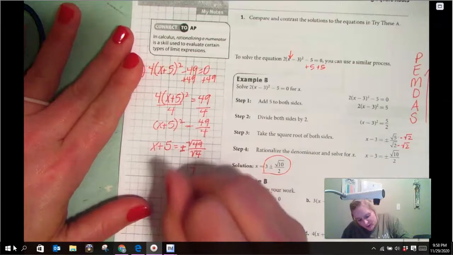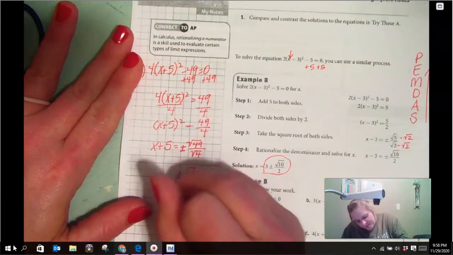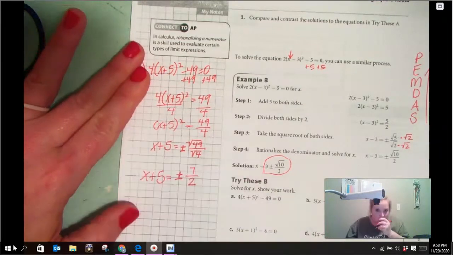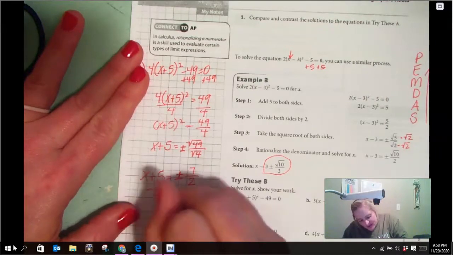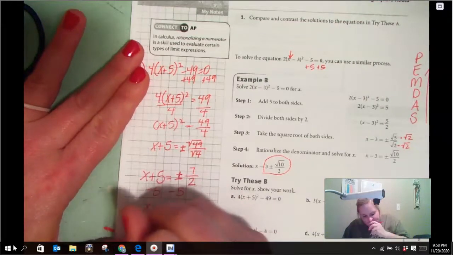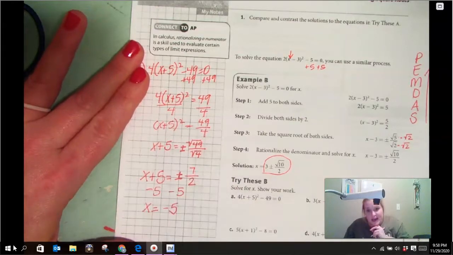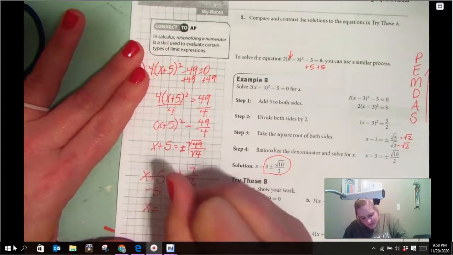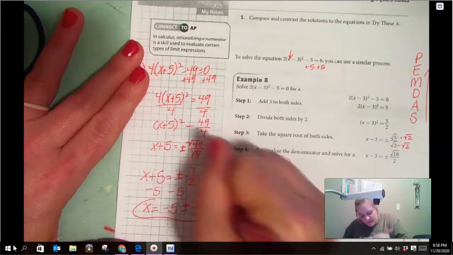The square root of 4 is 2, so I still have my plus or minus there. And then I'm going to bring down x plus 5 equals. Okay, last step, subtract 5. And you want to write it just like they wrote the example. So I'm going to have minus 5 first, or negative 5 first. Plus or minus is going to be in the middle. 7 halves. That's your answer.